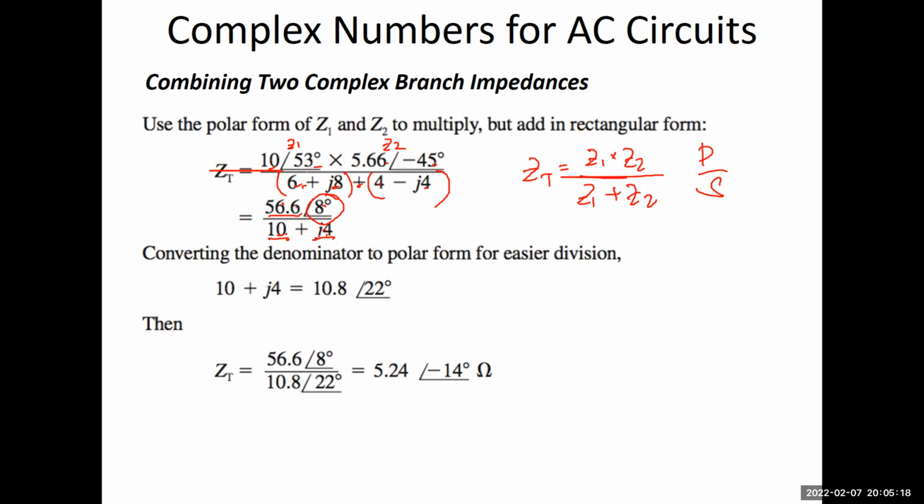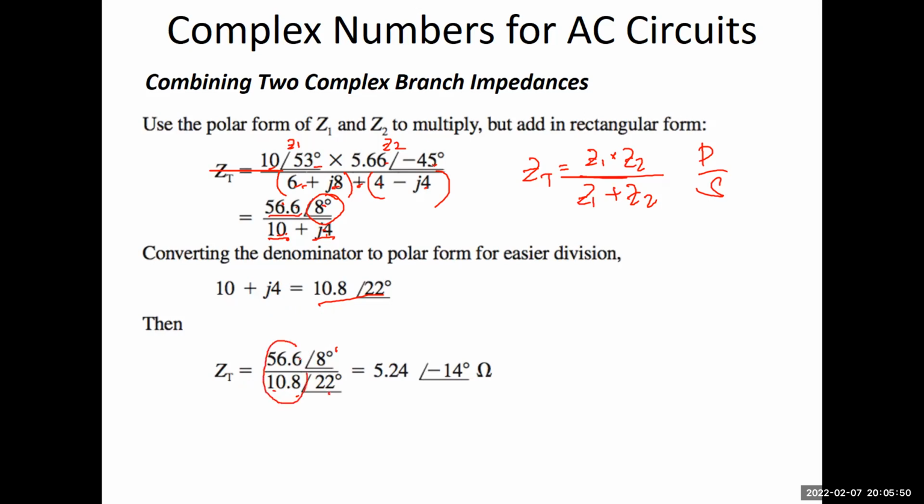So converting the 10 plus J4 into polar form, we get 10.8 magnitude with 22 degrees phase angle. Okay, so copying the numerator, which is 56.8 with 8 degrees phase angle, and then the converted 10 plus J4 is equal to 10.8 magnitude and 22 degrees phase angle.